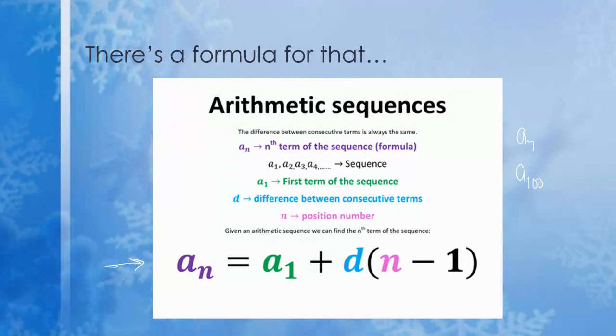So again, if I was finding a sub 100, I'd have a sub 100 equals my first term. I'm just going to go back to my previous one, plus negative 6 times my n, which is 100, minus 1. And then I can just figure out what the 100th term is from there.